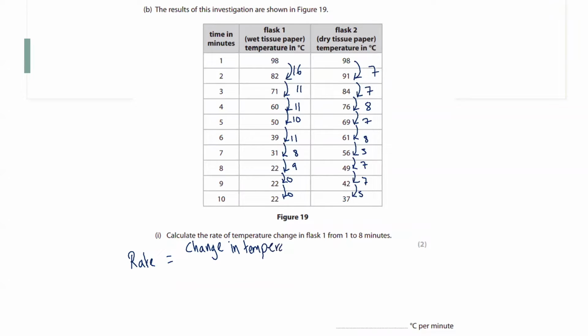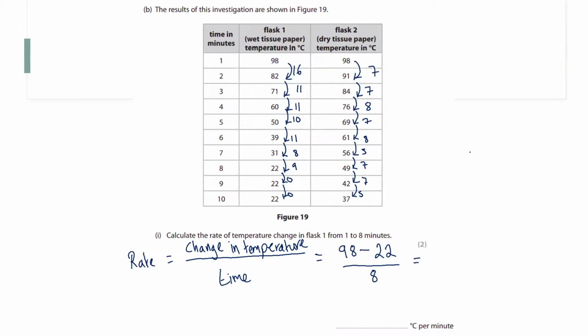There's always a time involved with the word rate. Okay, so change in temperature. So 1 to 8. So we've got 98 was original. 8, 22. Right, 8 minutes. Oh, okay, so it is in minutes anyway.